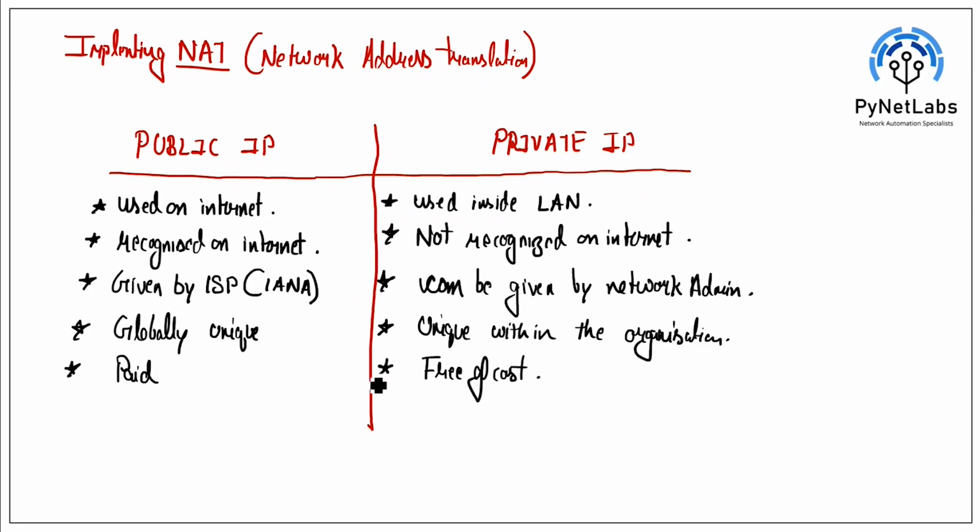So this is basically the difference between private IP and public IP, which we all are basically familiar with. When it comes to the ranges of private IP, guys, we have some classes here: class A, class B, and class C. There are specific ranges for these.